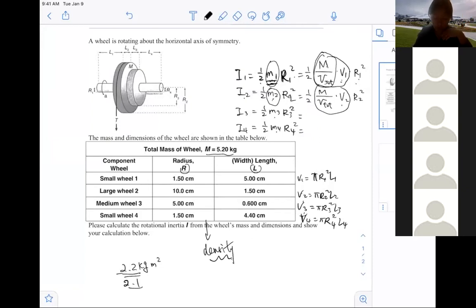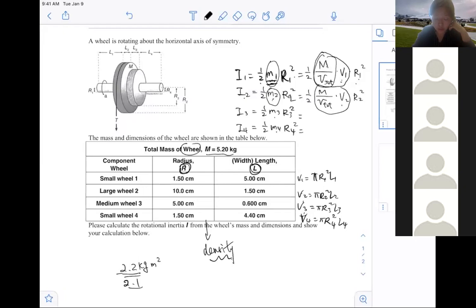Now, the one little extra process is that we are not given the individual masses. What we are given is the total mass of the wheel, because you cannot take this apart, you cannot chop it up and measure them separately. You only know how much the mass is overall. And you can measure the dimensions, the radius and the length, by doing some length measurement.